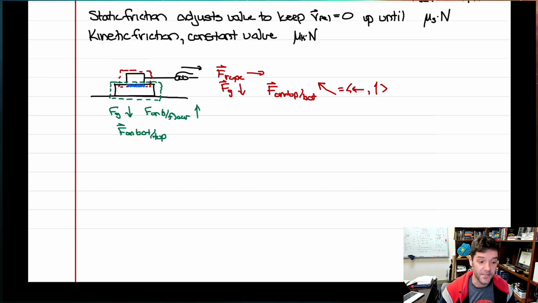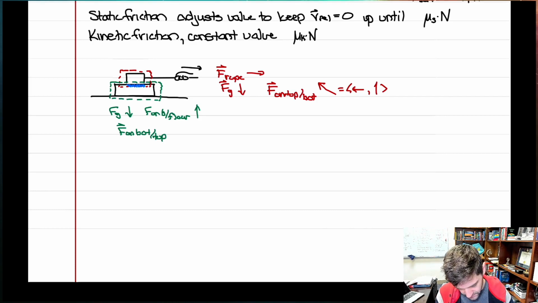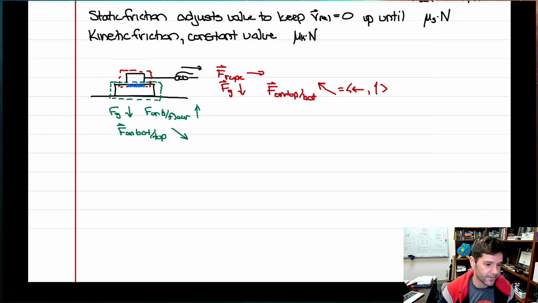But that is the Newton third law pair of on top from bottom. So if in the red I said that on top from bottom points diagonally up to the left, this is going to be a vector that points diagonally down and to the right in this case. And if I figure out what the components are for the top box, I can just throw minus signs in front of both of them, and then I know exactly what that bottom should be.